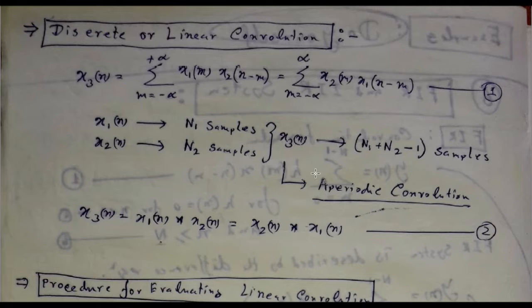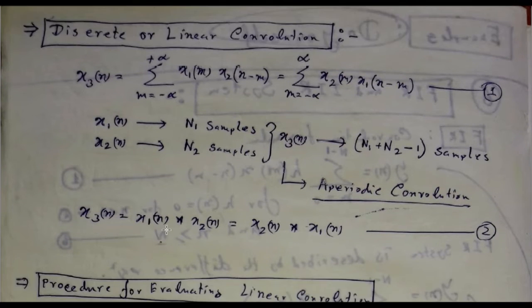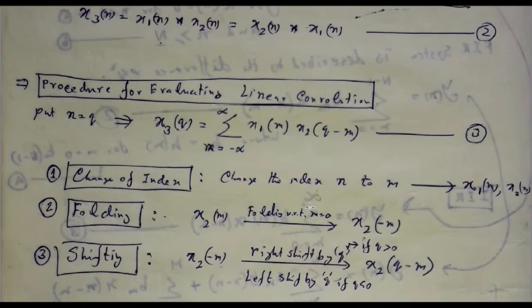This convolution is also known as the aperiodic convolution, because x3[n] will necessarily be aperiodic. You can denote the convolution operation by x1 star x2 or x2 star x1, because this operation is commutative.